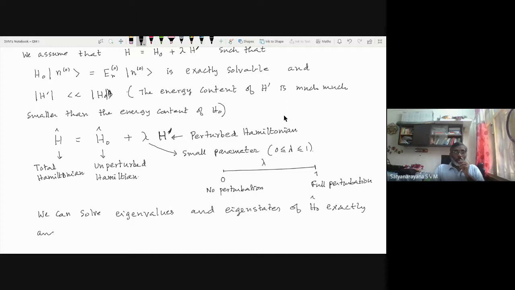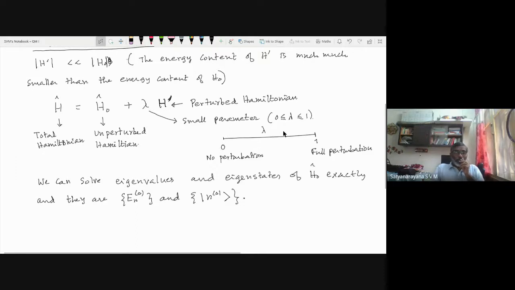How did we denote them? E_n^(0) and |n^(0)>. You can look at this equation, H0|n0> = E_n0|n0>. This is something which we can exactly solve.